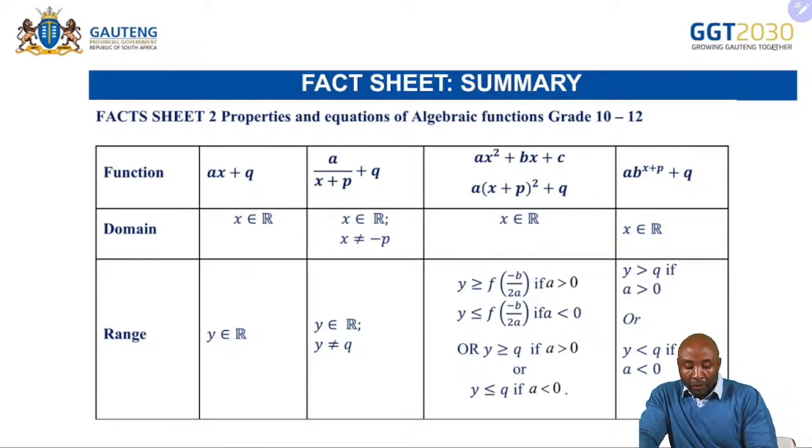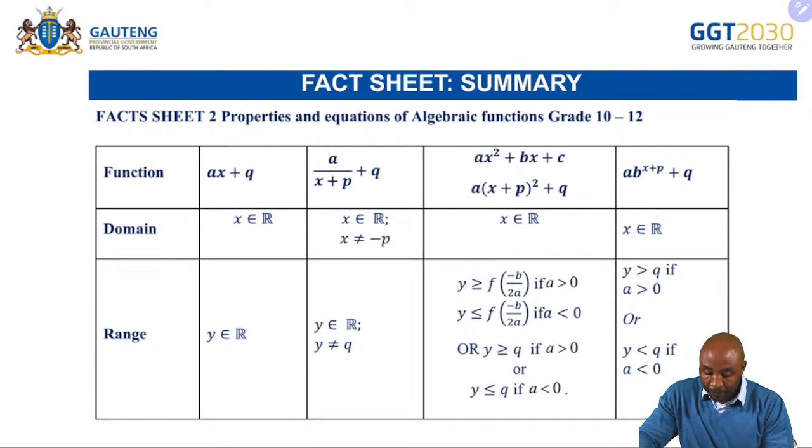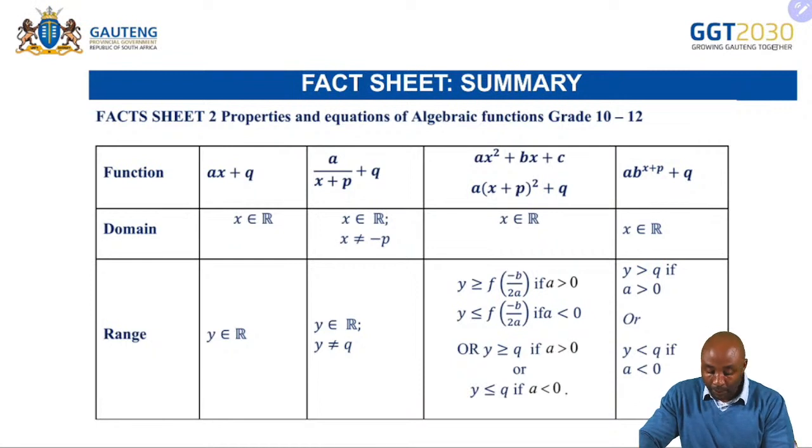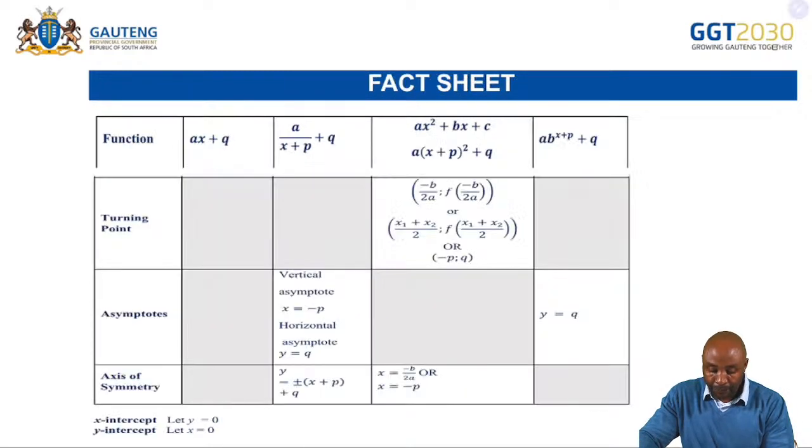And then our quadratic function, our domain is x is an element of real numbers. Our range, we know that if our a is positive, it is greater than the y value at the turning point. I hope you are able to see that. And our exponential function, you are able to also see our domain and also our range.